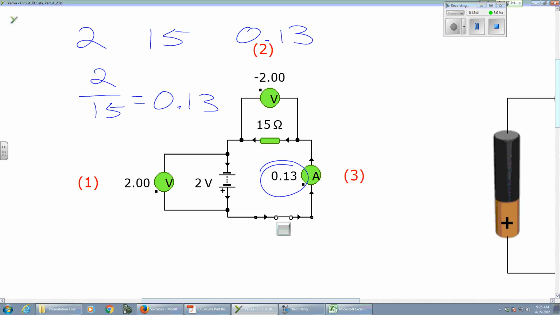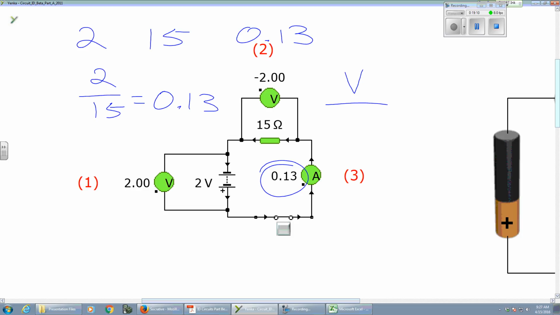Is that true? Anyone want to double check? Verify? No problem at all. Is that true? Yes, I get a thumbs up. All right. What was the 2 measuring? Voltage. So, let's see, our symbol for voltage would be V. What was the 15 measuring? It was measured in ohms.